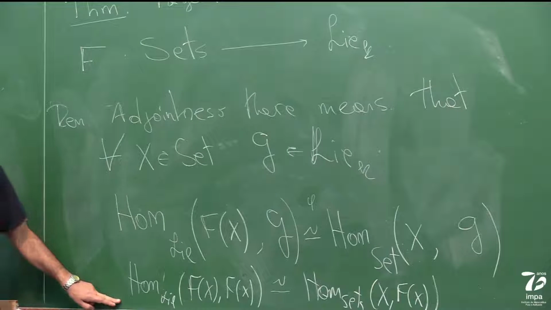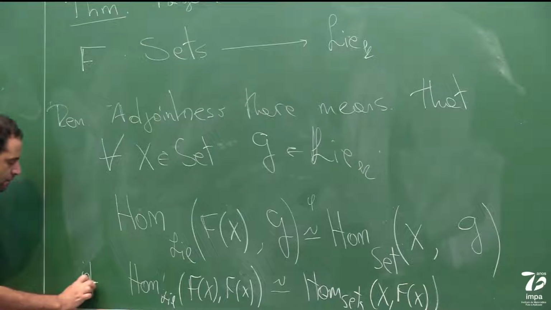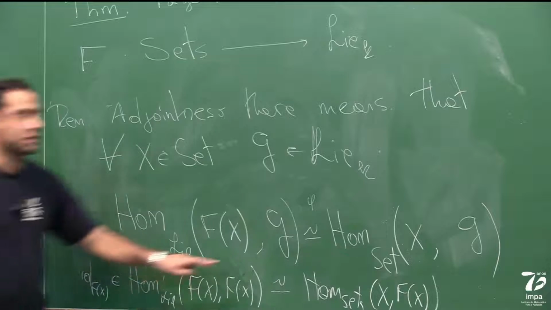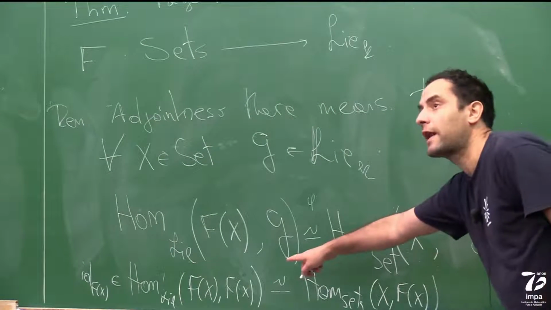The identity homomorphism of F of X is an element here. Therefore, to this identity, it corresponds a homomorphism of sets from X to F of X under that isomorphism.